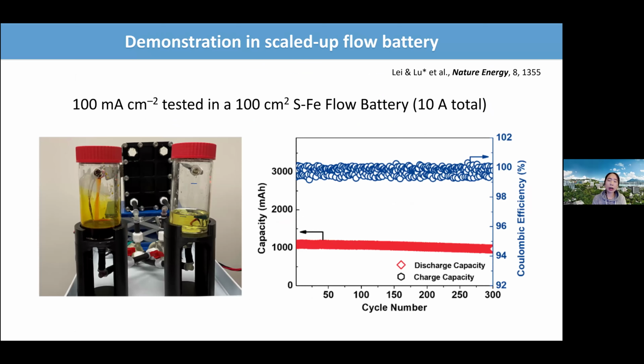We also further scaled up this system and looked at the amp level of this type of cell. So it's 100 milliamp per square centimeter tested in a 100 centimeter square cell. So you can see it still operates quite stably at scaled-up electrolytes.